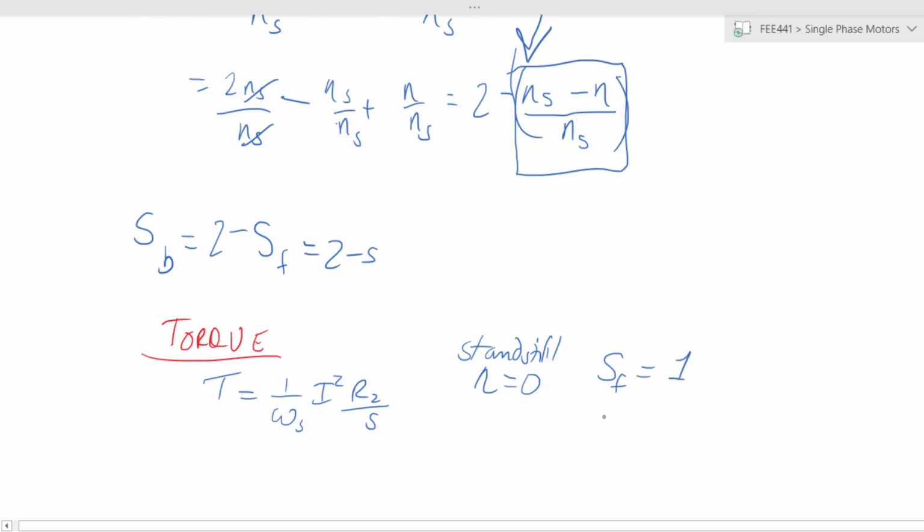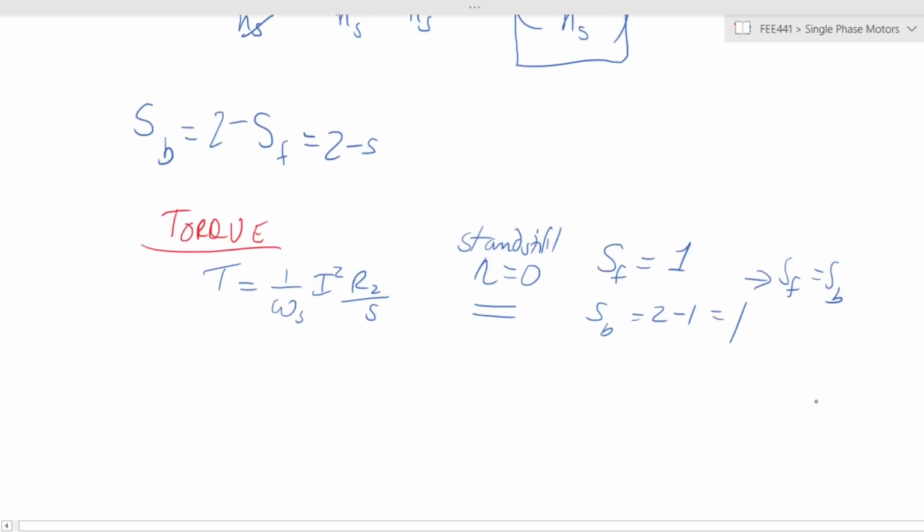And similarly, SB is equal to 2 minus 1, which is still equal to 1. Now, in this instant, when n is equal to 0, the slips are such that SF is equal to SB, which means that the torque in the forward direction is equal to the torque in the backward direction, because they have the same value of slip.